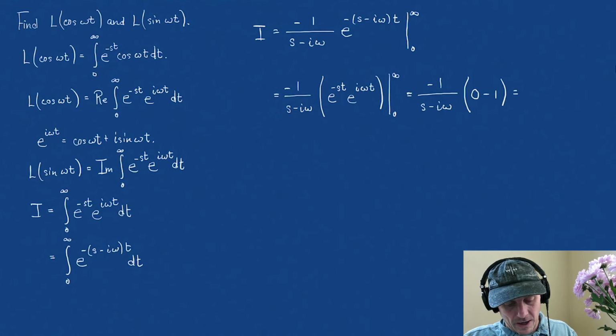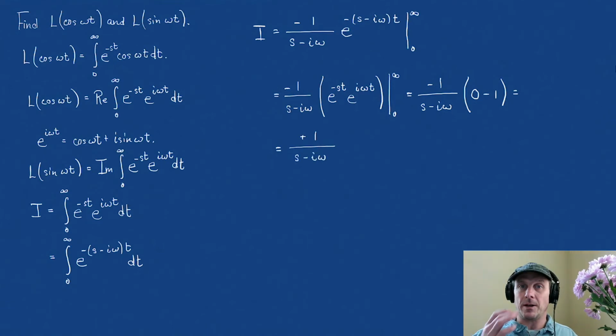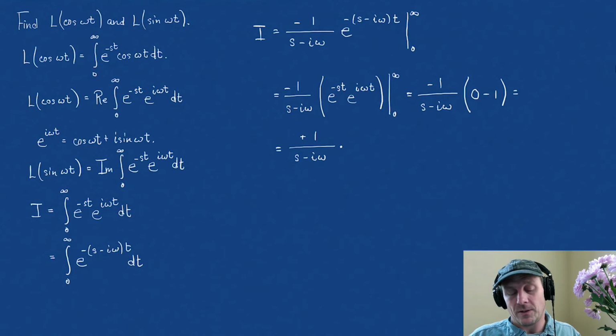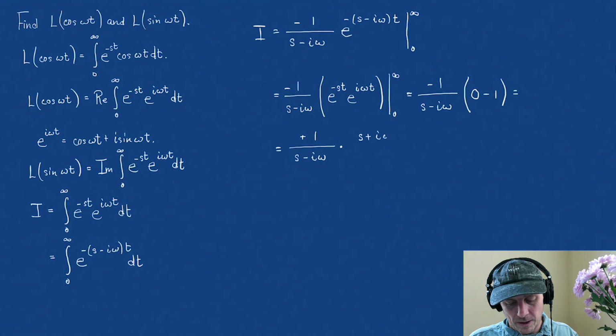And there we have it. Our I is minus 1 over s minus I omega times minus 1, so plus 1 over s minus I omega. Now, we still aren't done, because remember, we need the real part and we need the imaginary part. So we need to multiply by its complex conjugate. In other words, divide the complex number s plus I omega over s plus I omega.